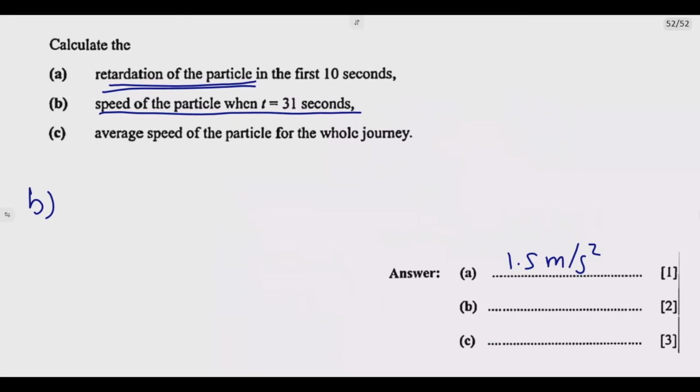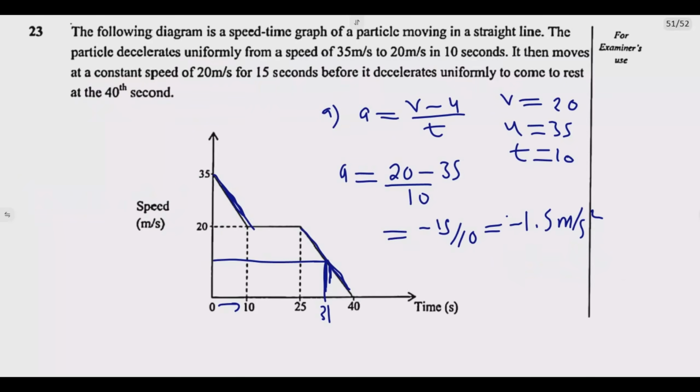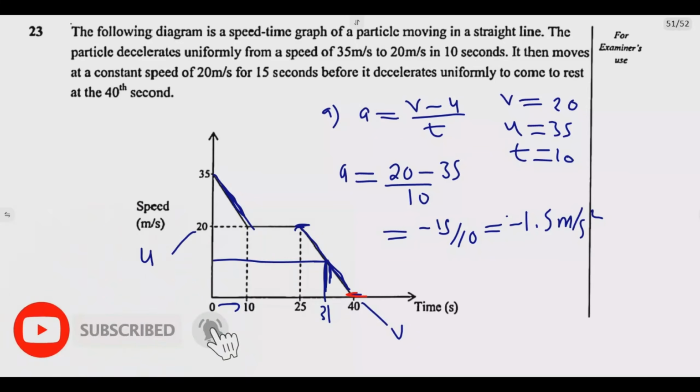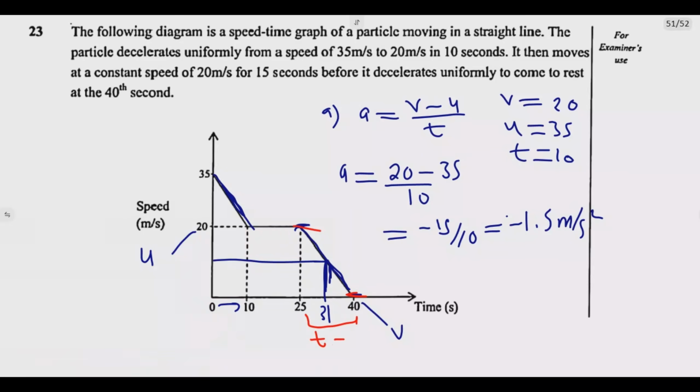So this is B. Again we use acceleration is equal to v minus u over t. From here we can tell that this is initial, then this is final, because it's changing from here to here, these 2 points. Then we can use this interval. So the change in t is 40 minus 25, which is equal to 15.